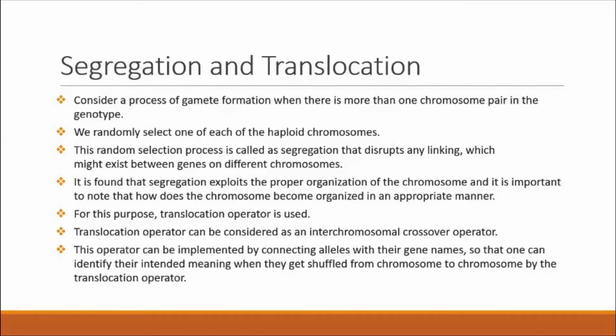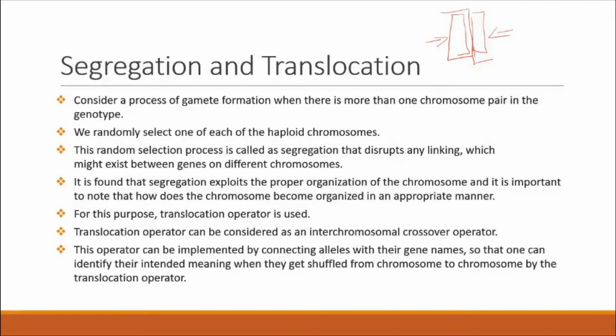When gamete formation happens, the chromosome pair is split into two, and we actually get a haploid chromosome. If there is a string like this and another joined to it, and this is split into two, we get two haploid chromosomes.